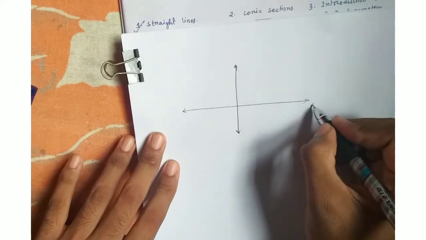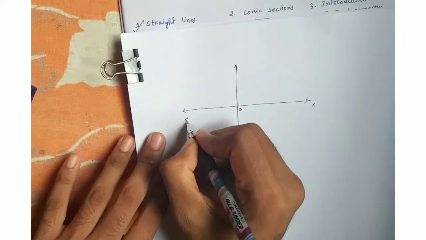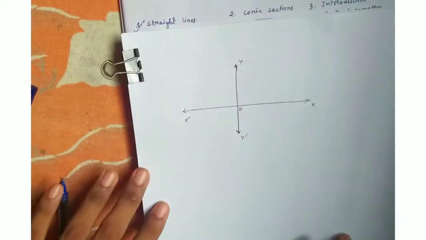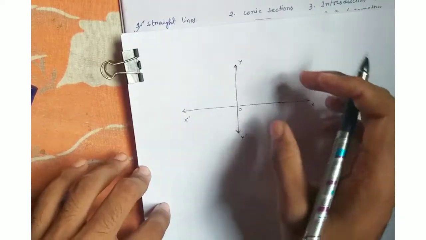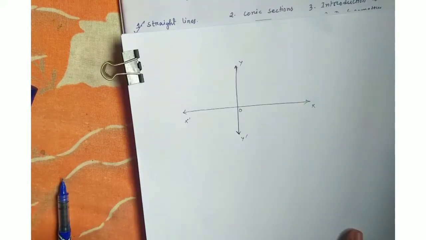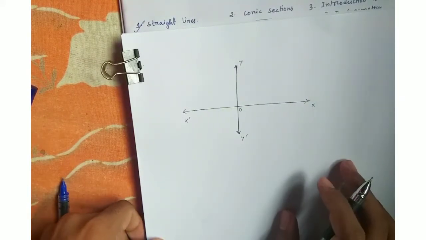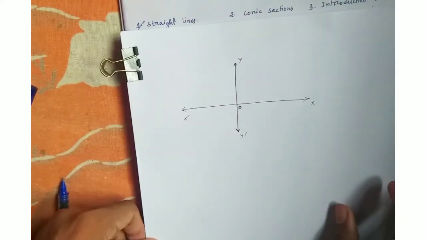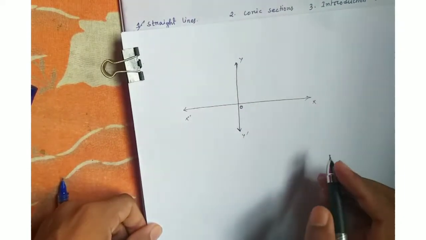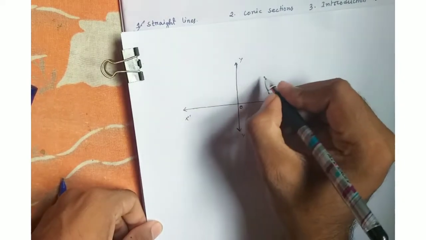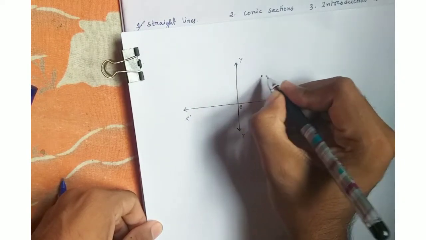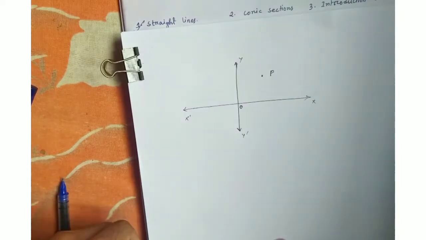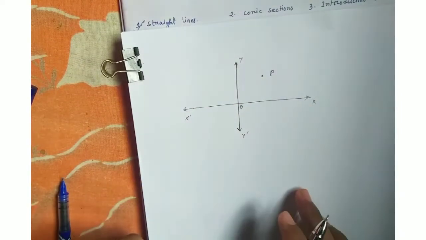We named them XOX' and YOY'. Basically, XOX' and YOY' are two mutually perpendicular lines through any point O. So this is the Cartesian coordinate system, and if we want to find the location of any point P, then we use this two-dimensional Cartesian coordinate system.